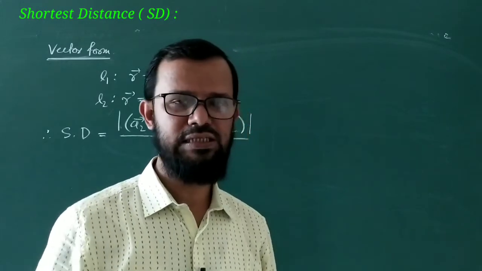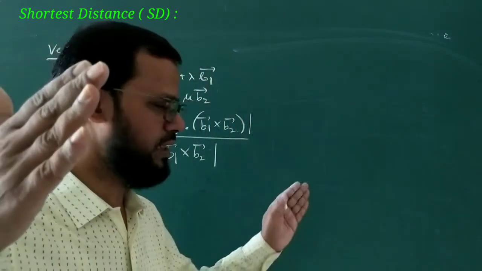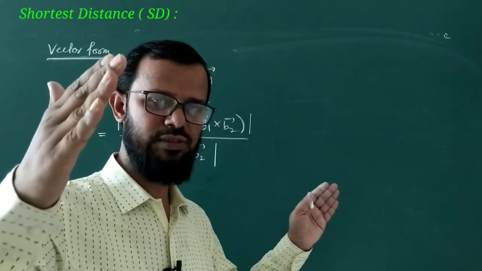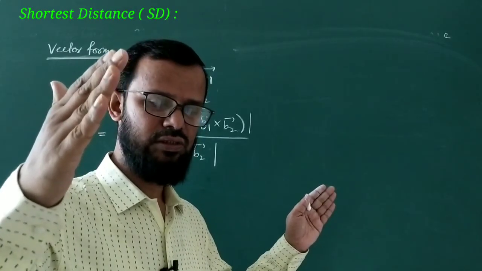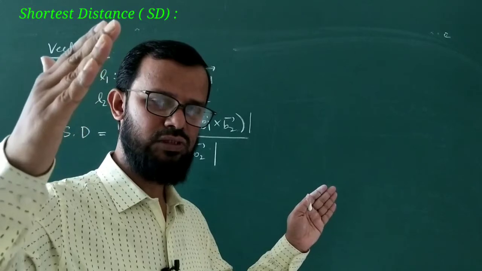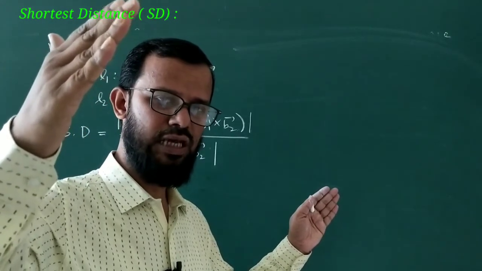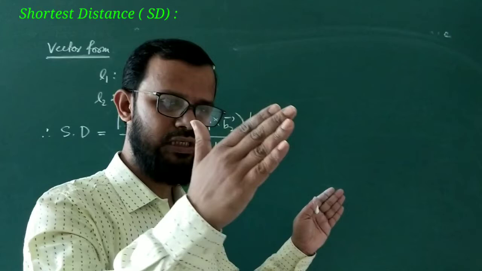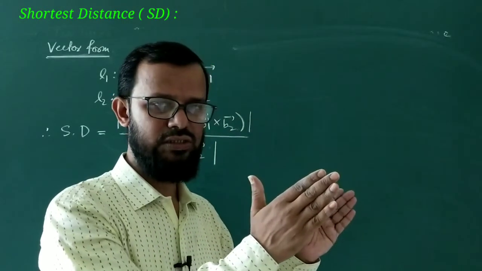When I say the shortest distance between them is 0, then the distance between the lines is gradually becoming 0.